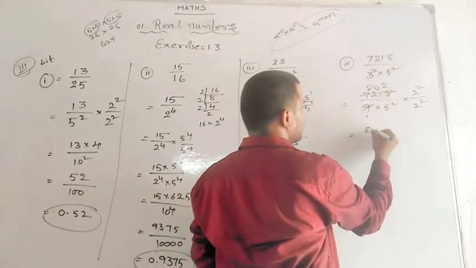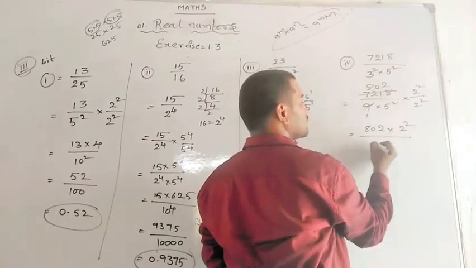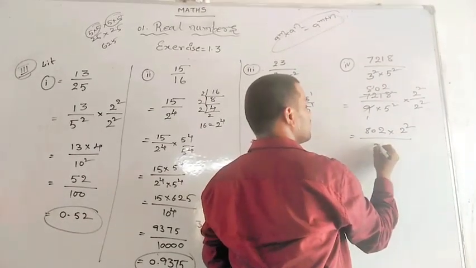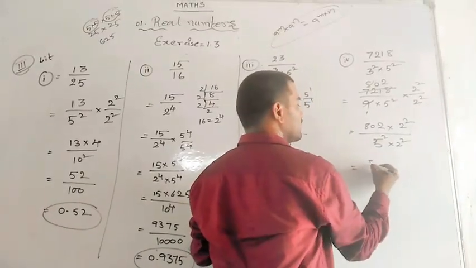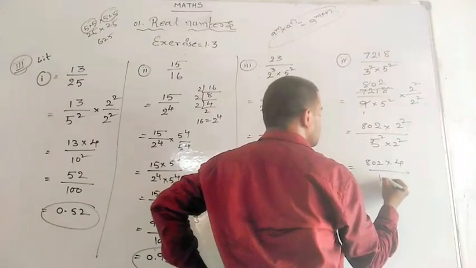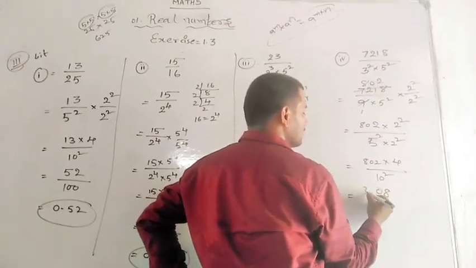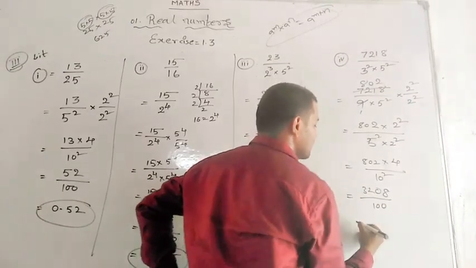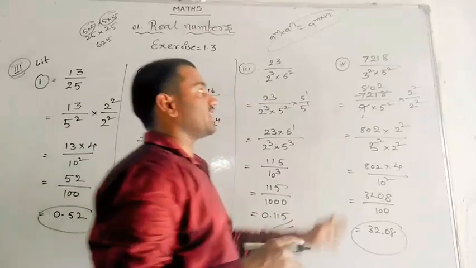And here 802 into 2 square by 5 square into 2 square. That is 802 into 2 square, which is 4. This is 10 square. 3208 by 10 square is 100. That is 32.08. This is the decimal expansion.